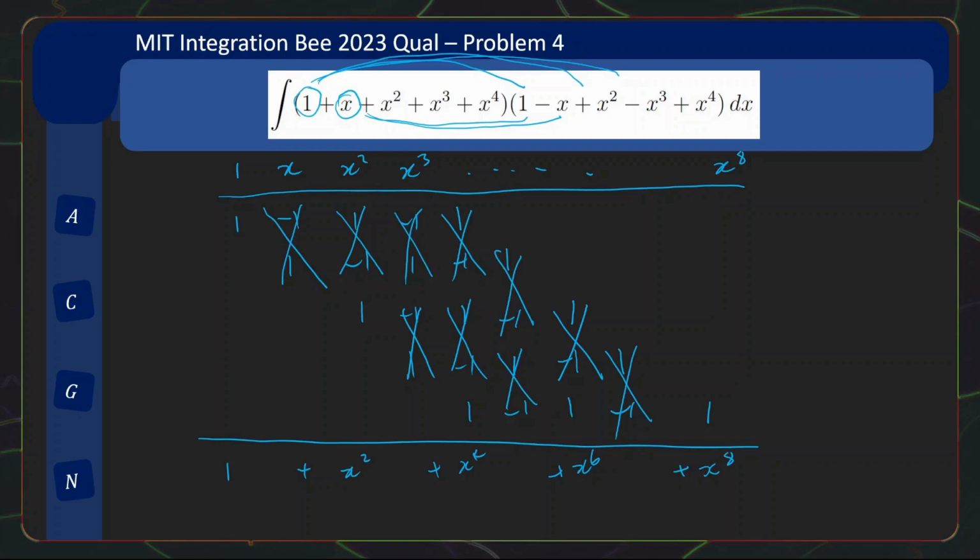So in other words, if you had decided to expand this in the exam, of course, you can just mentally note this, and then you will very quickly reduce the problem to this integral. So this integral is x plus 1/3 x cubed plus 1/5 x to the 5 plus 1/7 x to the 7 plus 1/9 x to the 9 plus c. So that is really all to this problem.